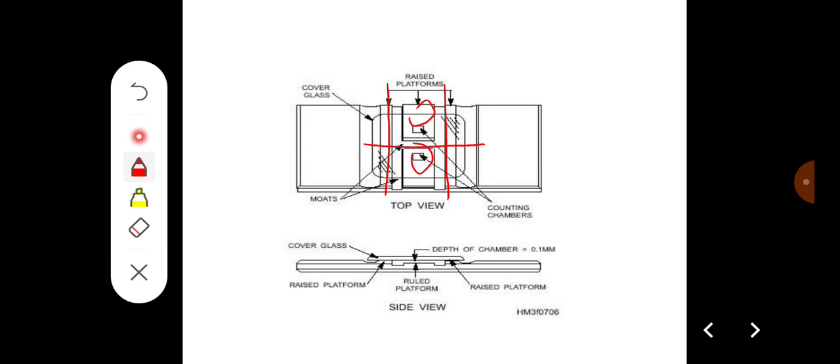And if you see from the side with a cover slip on top, you can see the depth from the lower surface of the cover slip to the etched areas, which measures around 1 by 10 millimeter.